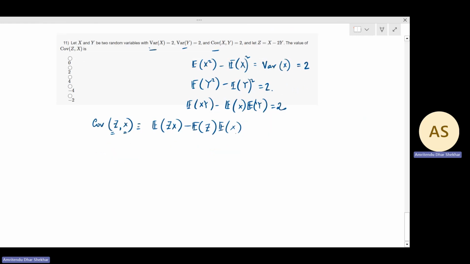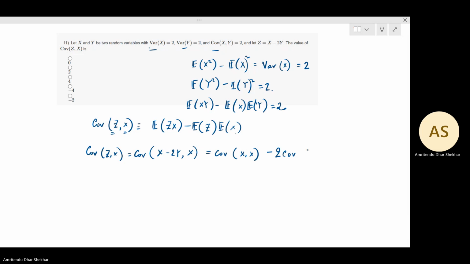So you might just write the covariance of z comma x to be equal to the covariance of x minus 2y comma x, which is equal to the covariance of x comma x minus twice the covariance of y comma x.